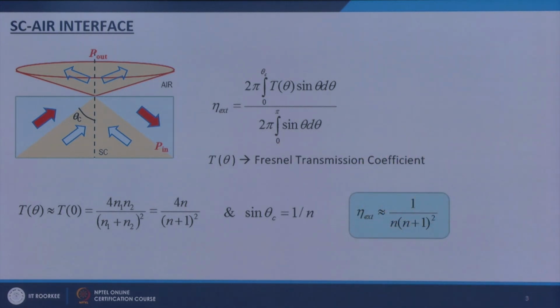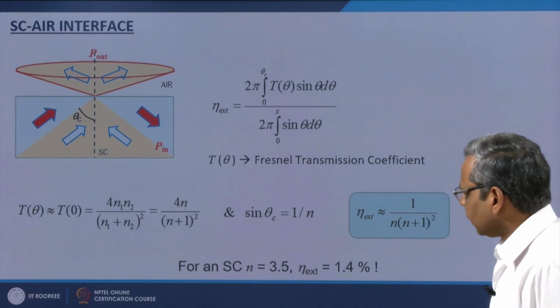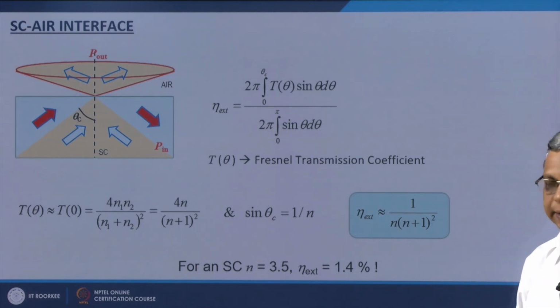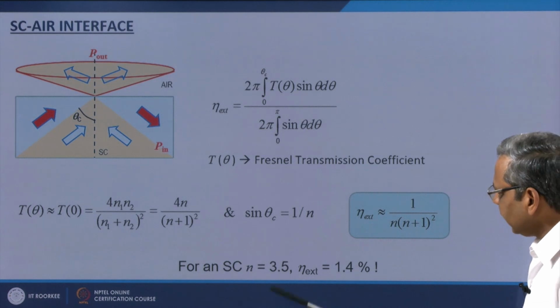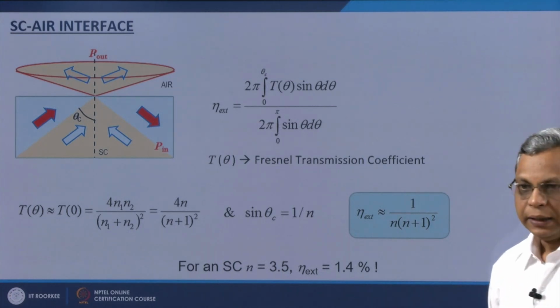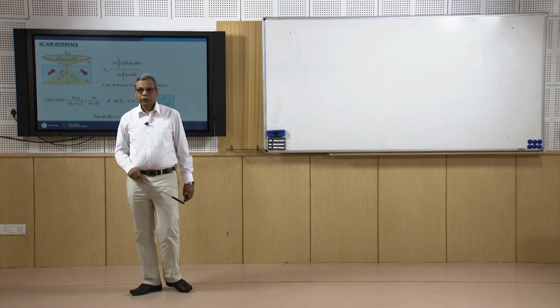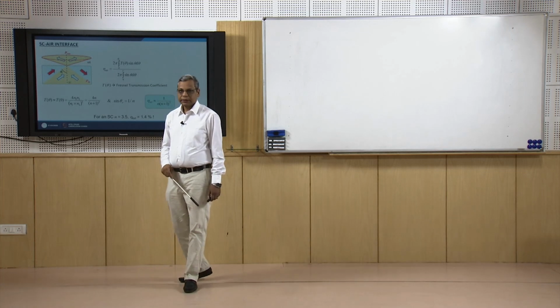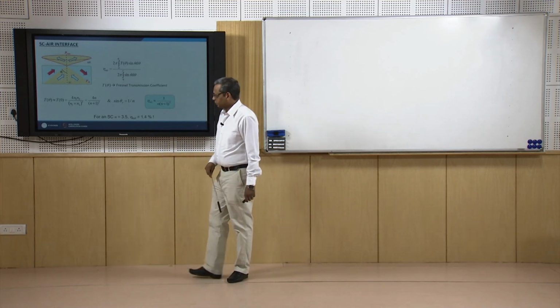How much it is depends upon the refractive index of the semiconductor material. If I take a typical value of refractive index of a semiconductor, let us say silicon, where n is equal to 3.5, then eta external would come out to be just 1.4%. So, you imagine that only 1.4% of internally generated power will come out.